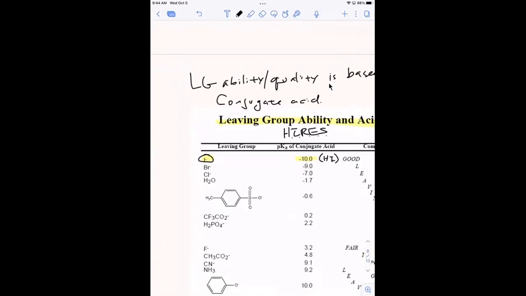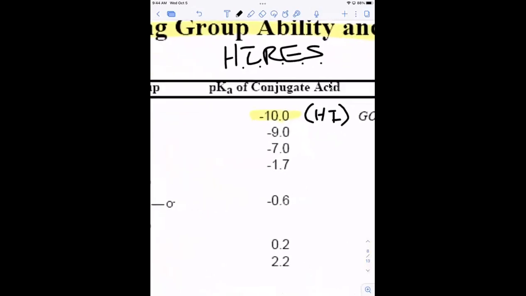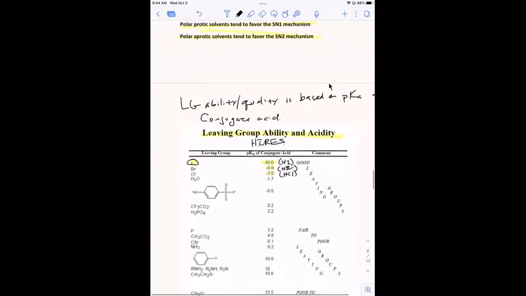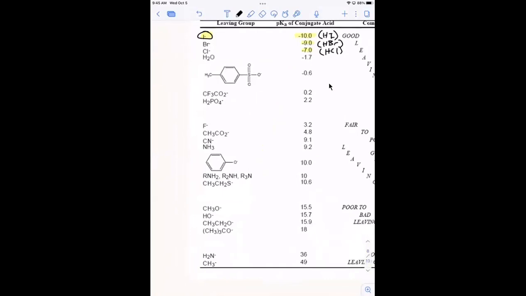Same thing with bromine and chlorine, but if you notice, the ability is decreasing because the conjugate acid pKa's are also getting larger. If you remember from part 1, higher pKa's mean that the acid is a little weaker than an acid with a lower pKa.